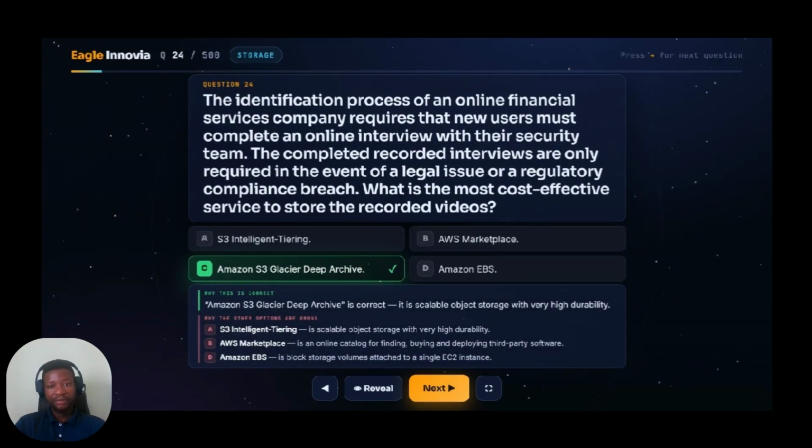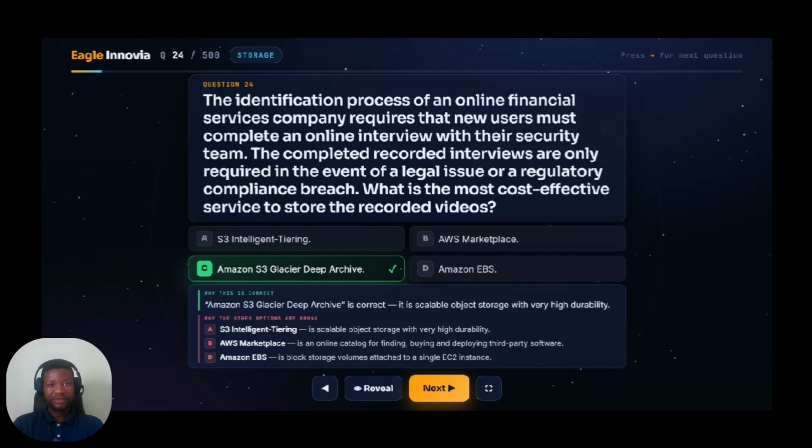It is a scalable object storage with very high durability, and of course it offers low cost compared to other storage options. S3 Intelligent-Tiering is also a scalable object storage with high durability that allows you to move data from one storage tier to another, depending on how long you want to preserve that data.